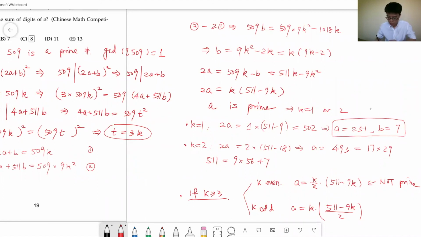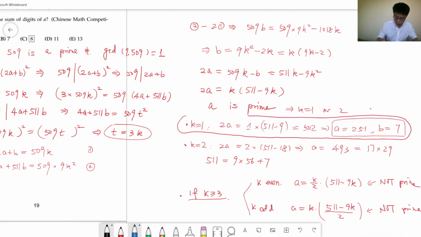So this is an expression of a as a product of two numbers, neither of which is 1. So it's not prime. So we must have a solution in the first case, k equals 1. This is our solution. And a is 251. The sum of the digits is just 2 plus 5 plus 1, which is 8. So the solution is 8.